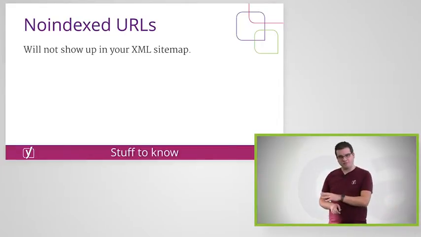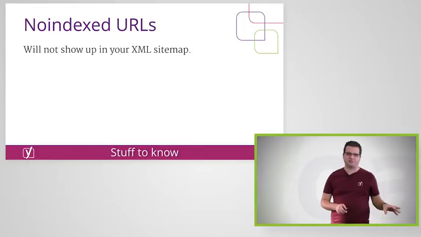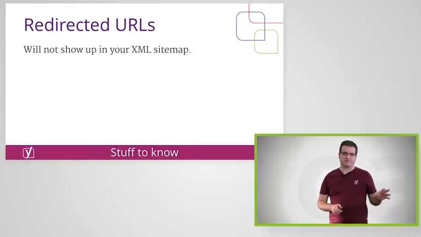If you don't want them to show up in the search results, it doesn't make sense to prioritize them using an XML sitemap for indexation. So we don't let them show up. If you have redirected a URL, we will not let it show up in your XML sitemap too, because you only get a warning in Google Search Console saying, hey, you have this URL in your XML sitemap and it's being redirected.